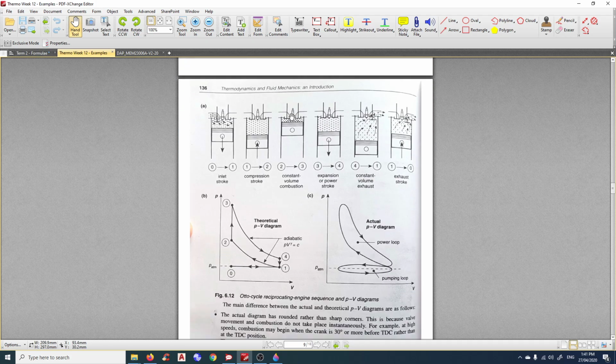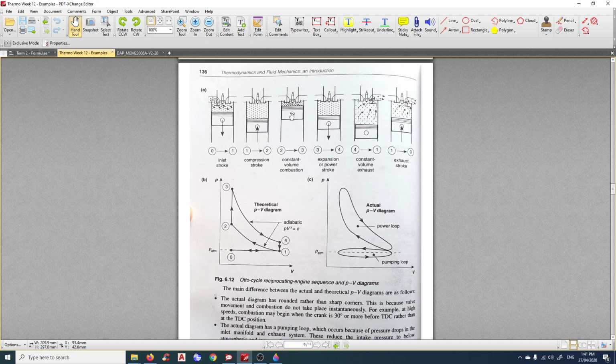Now, if you don't know what the engine looks like, this is a very simple explanation. If you Google on the internet, there are a lot of more interactive animated cycles, which I encourage you to have a look at and get yourself familiar with the cycle.